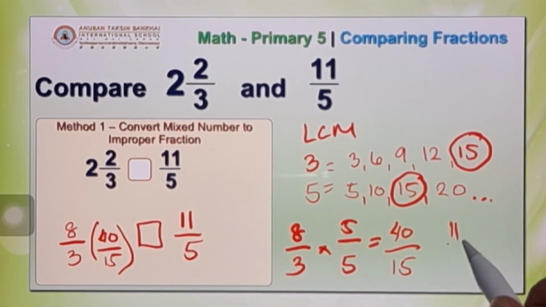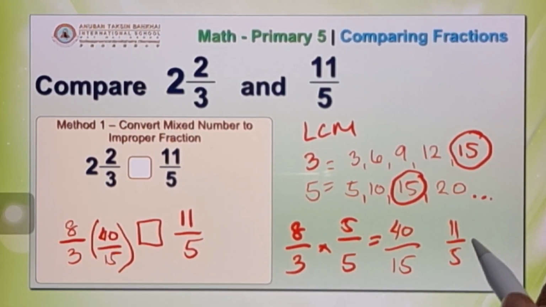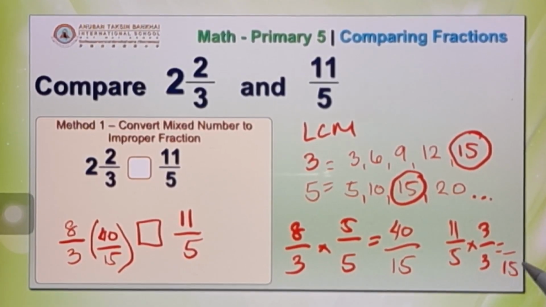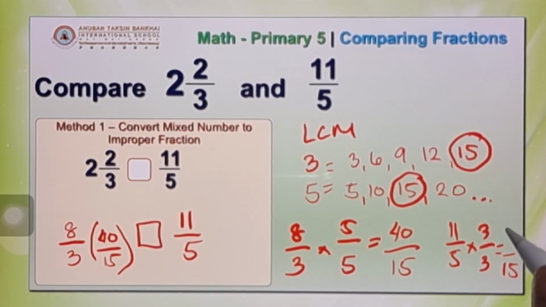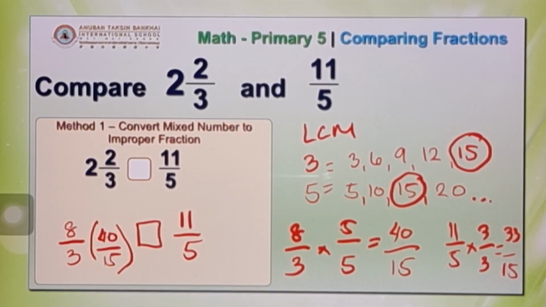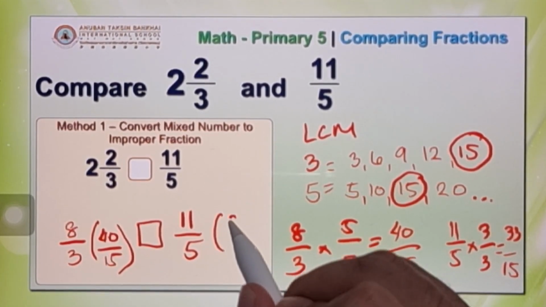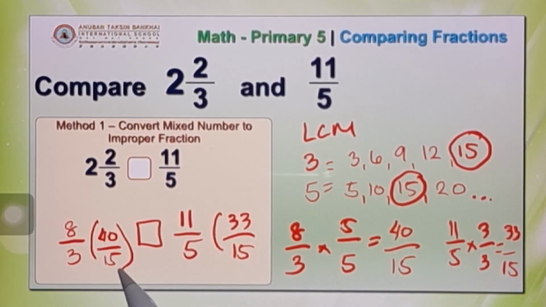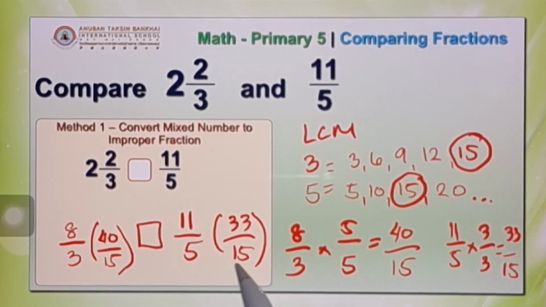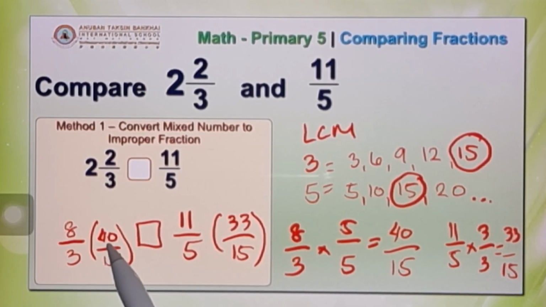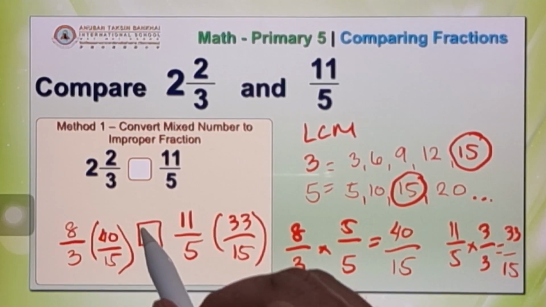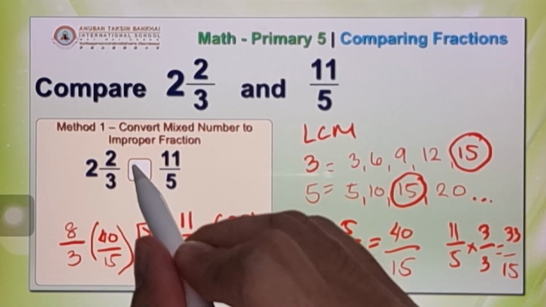So 11 over 5, we multiply it by 3. So 3 times 5, we have 15. 11 times 3, we have 33. So this is 33 over 15. Now, since our denominators are the same, we have 15 and 15, we check our numerator. 40 is greater than 33, so our answer is greater than.